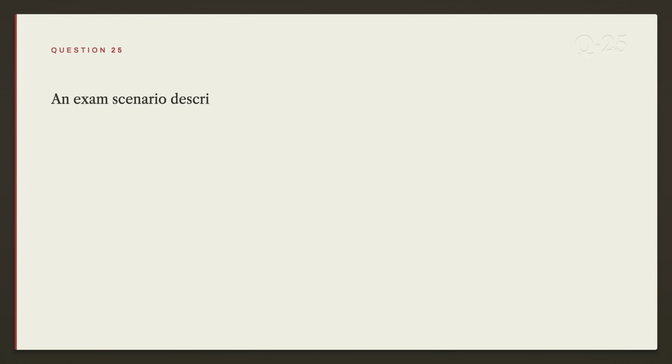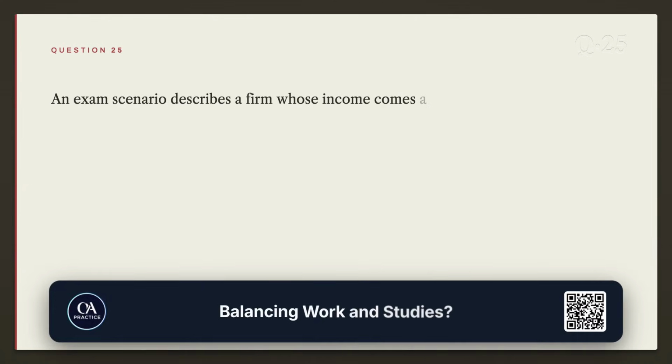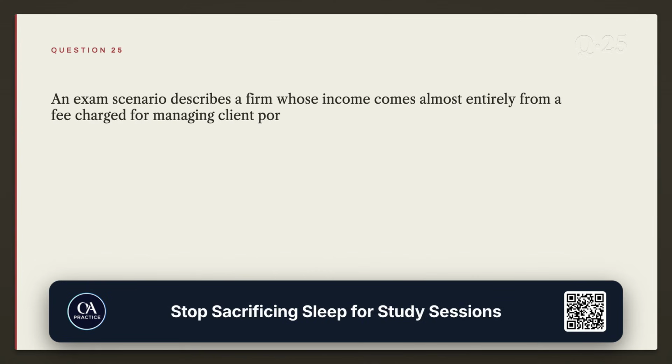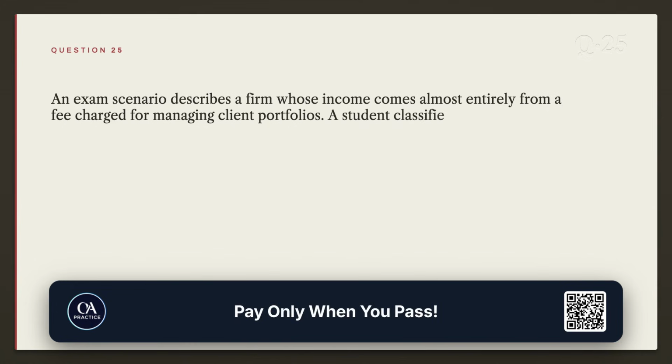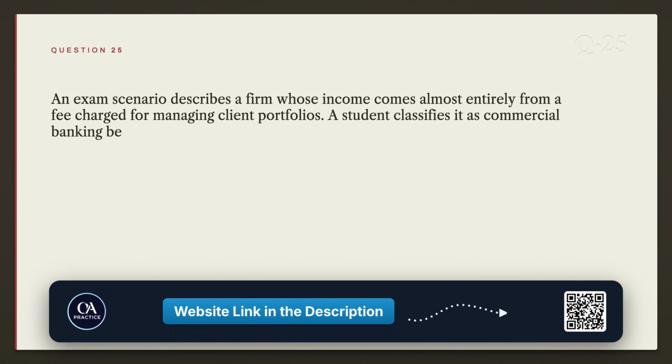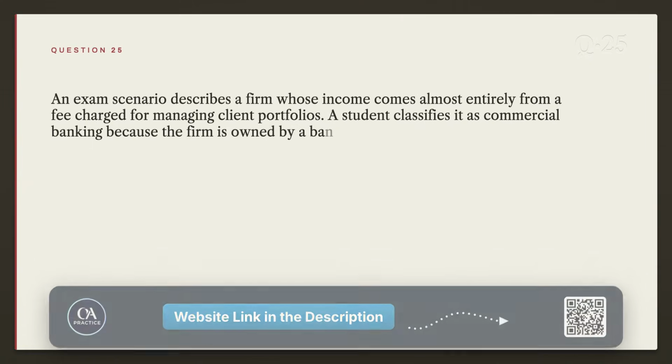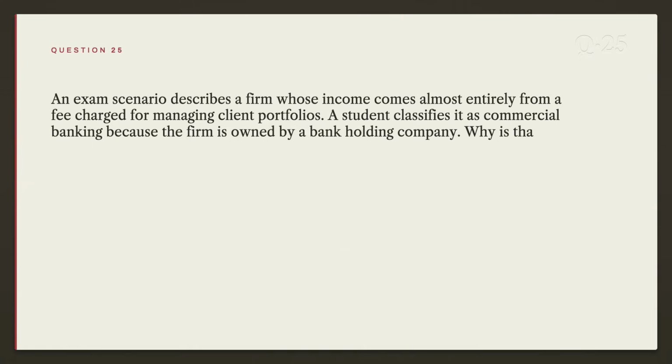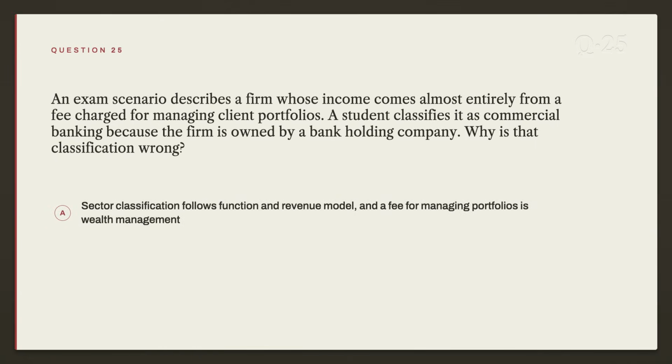Question 25. An exam scenario describes a firm whose income comes almost entirely from a fee charged for managing client portfolios. A student classifies it as commercial banking because the firm is owned by a bank holding company. Why is that classification wrong? Your options are: A. Sector classification follows function and revenue model, and a fee for managing portfolios is wealth management.